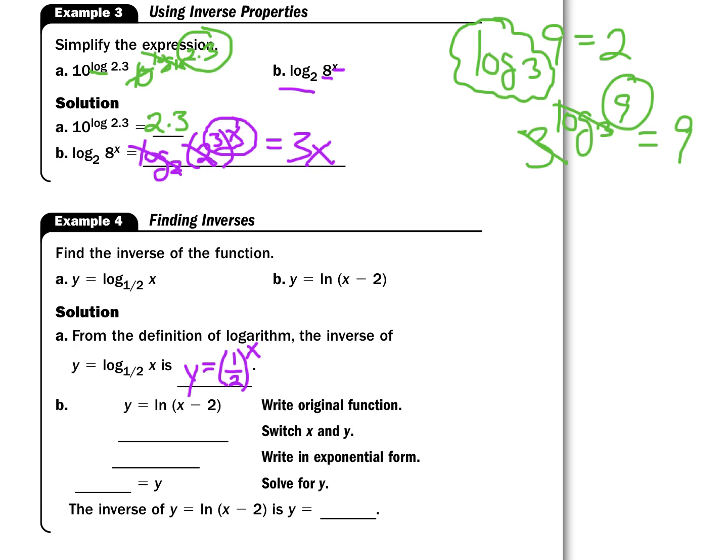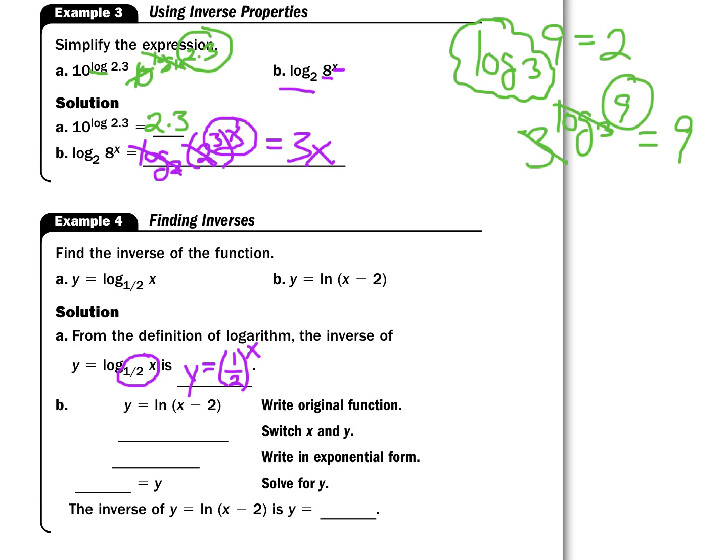So we're talking about the inverse of a logarithm function. y equals log base 1/2 of x. The inverse is y equals 1/2 to the x power. So you're just basically turning that into an exponent.